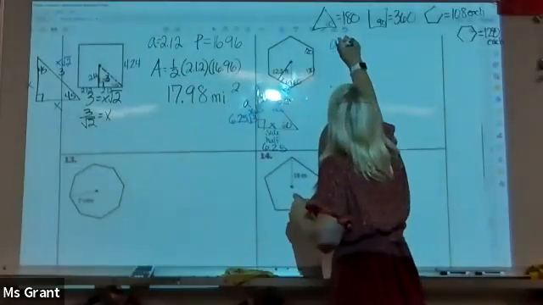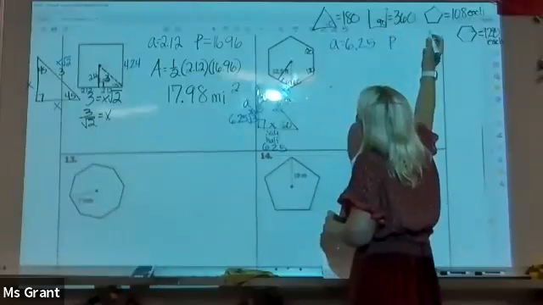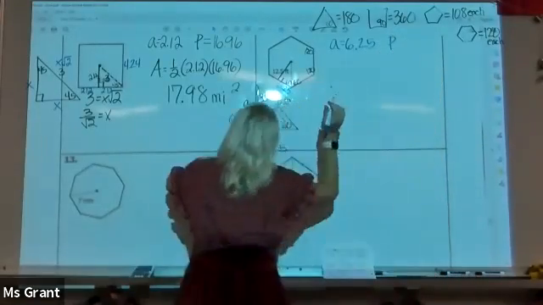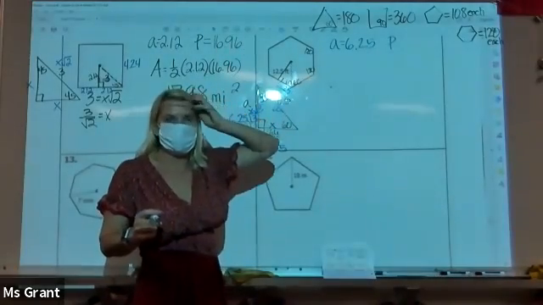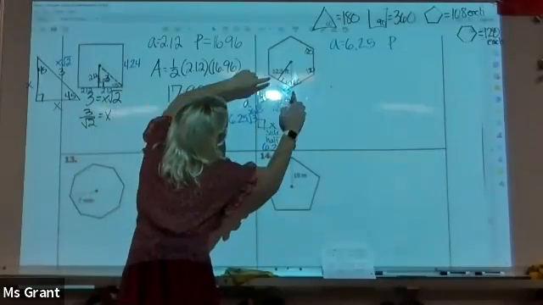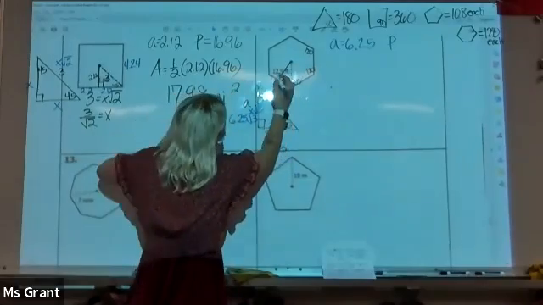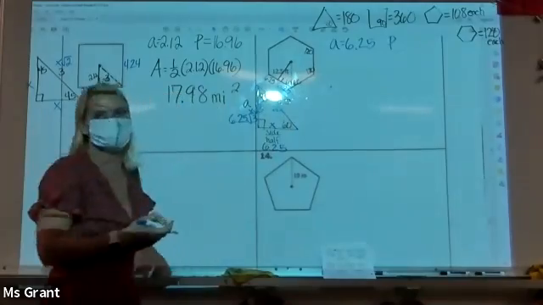My apothem is 6.25 rad 3. My perimeter is, okay. In my shape, I found that the base of the triangle was 6.25. That's only half of the side. This is a big, important piece, which means this is also 6.25.